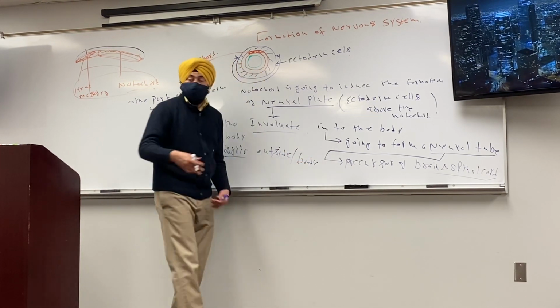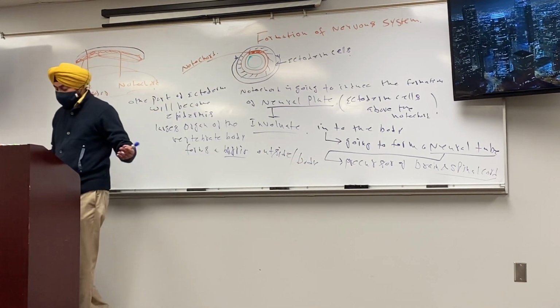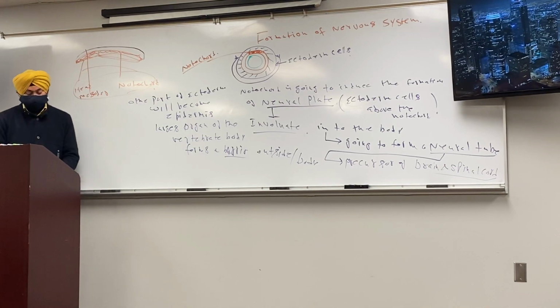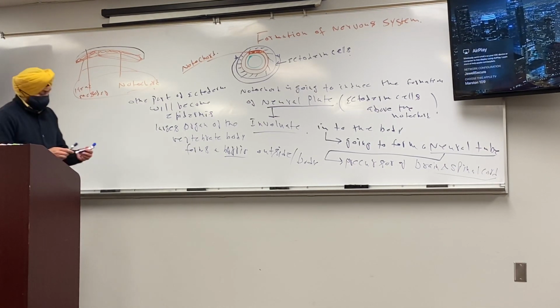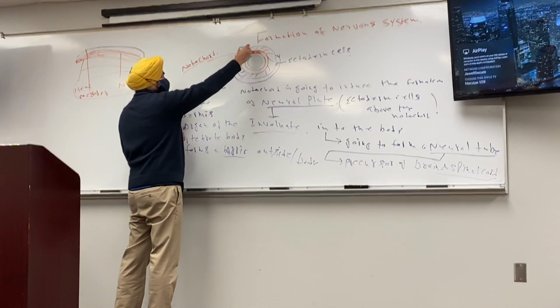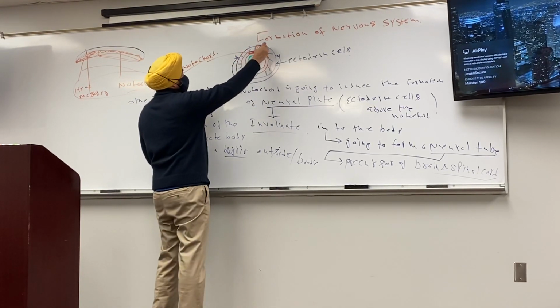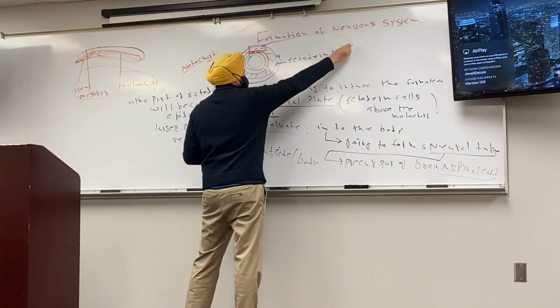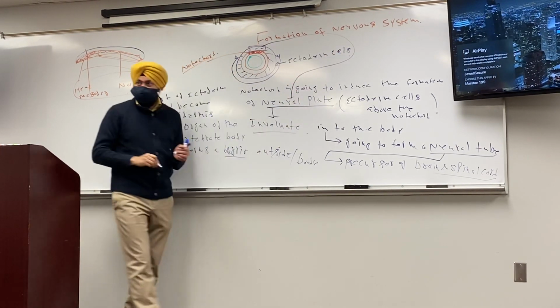So that barrier outside in the body is essentially your epidermis. Now, then here is this portion of the cells. Now we are saying this part which is above is becoming a neural plate, right?